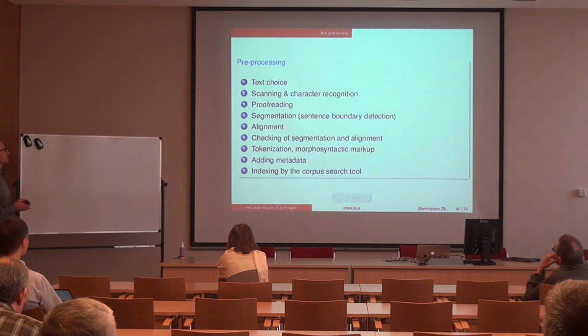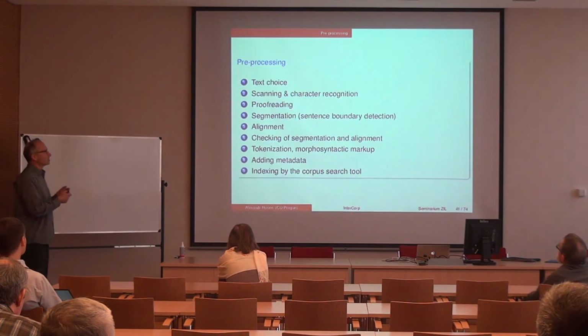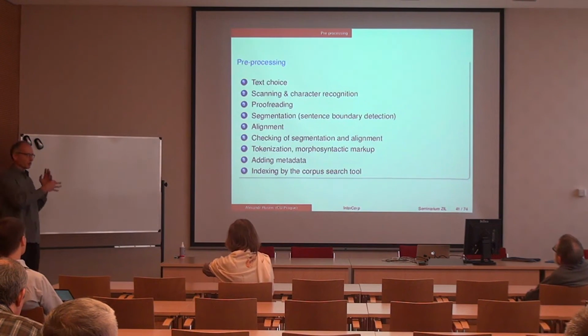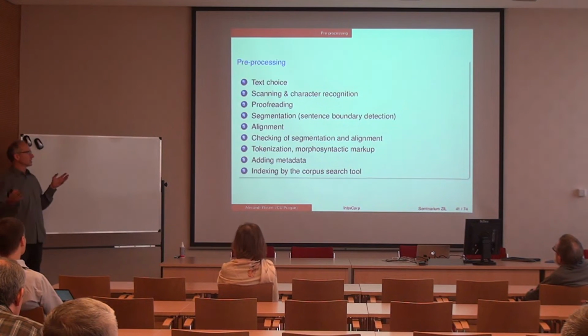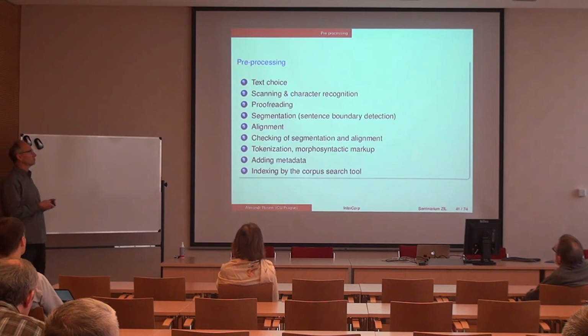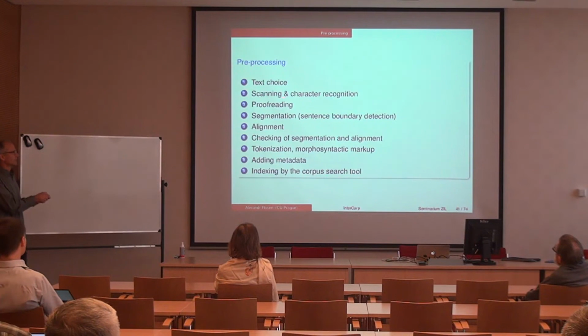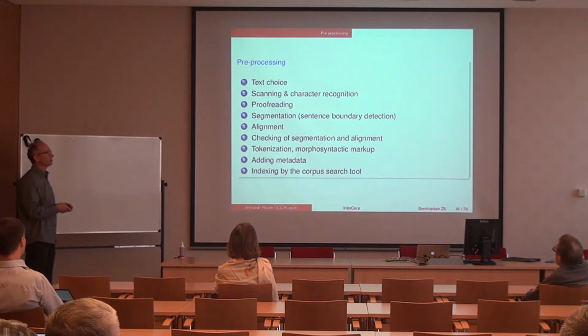Okay, pre-processing. So text choice is done in collaboration between those coordinators and the management of the corpus. For things that are not available online or electronically, we have to do scanning and character recognition.